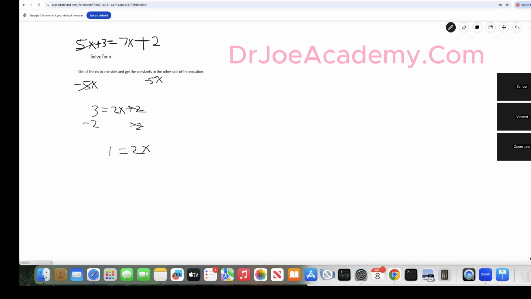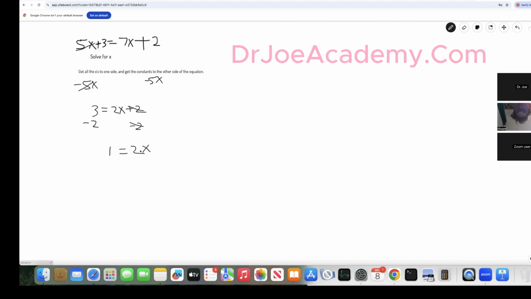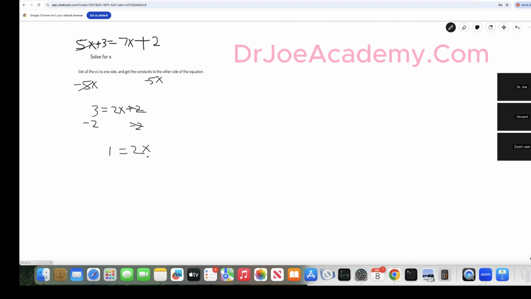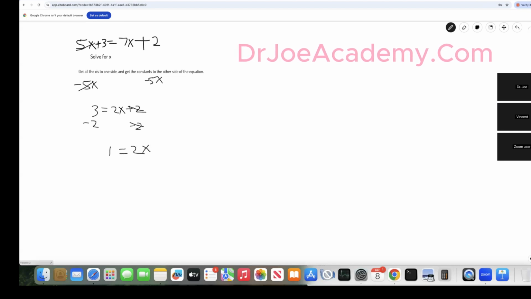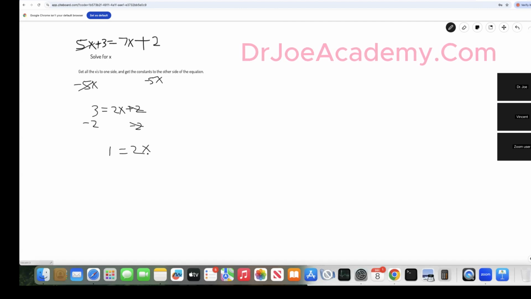And we want to get a coefficient of 1. This has a coefficient of 2, right? So we see this x is being multiplied by 2. What's the opposite of multiplying by 2?